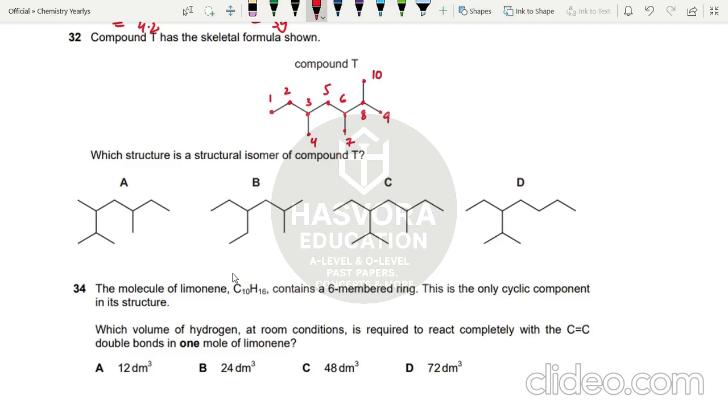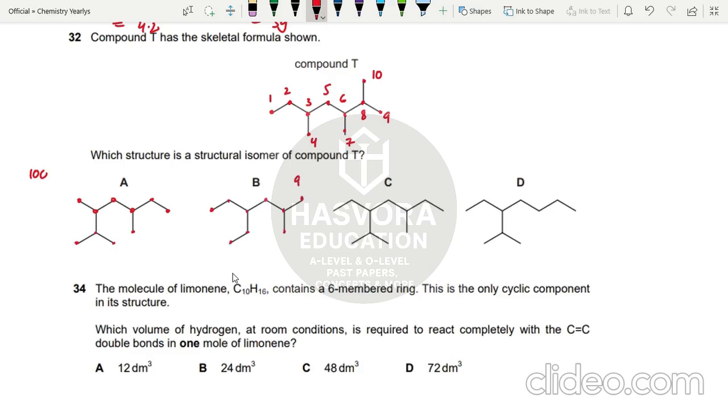Let's count for option A. 1, 2, 3, 4, 5, 6, 7, 8, 9, 10. Okay, so this is 10 carbons. This can be the option. Now 1, 2, 3, 4, 5, 6, 7, 8, 9.